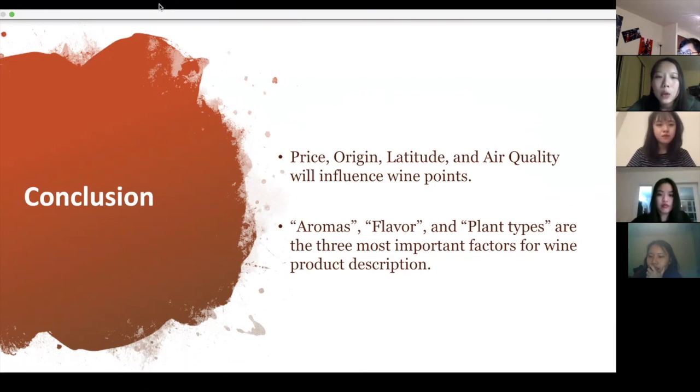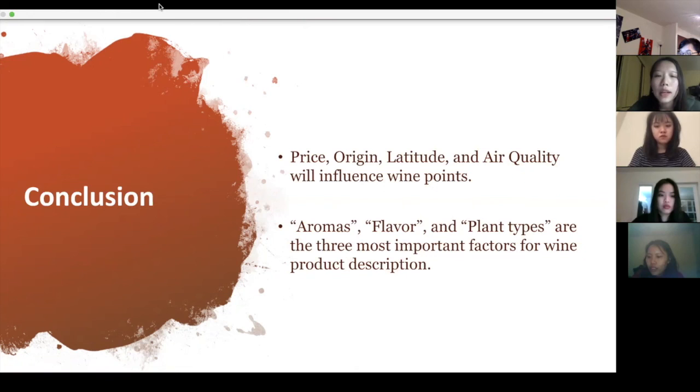In the US, wines that come from California and Oregon get higher points. Also in the US, wines that come from low latitude, to be specific from 29 to 30 and 33, get lower points.